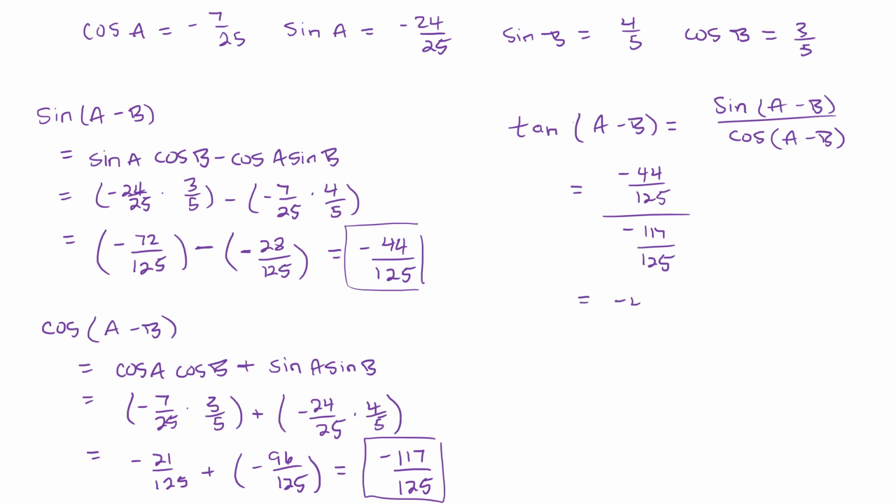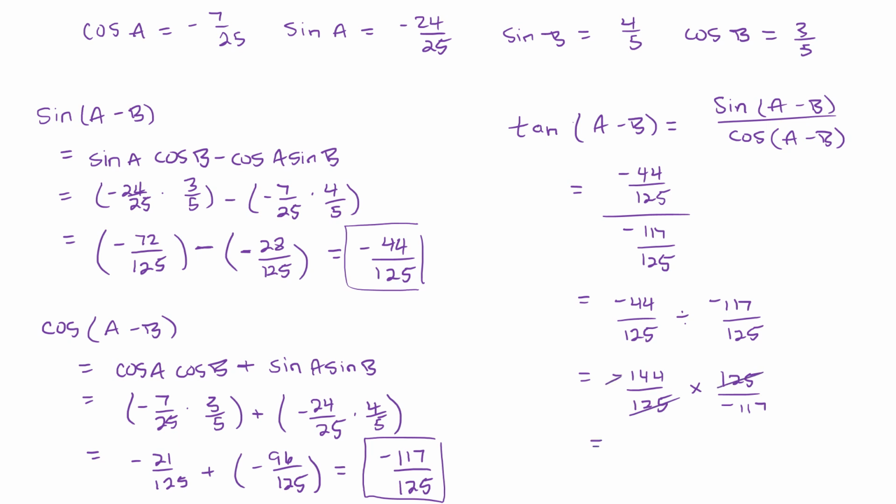We can rewrite this horizontally. Then apply keep, change, flip in order to change this to a multiplication problem. You see here that the 125s cancel.